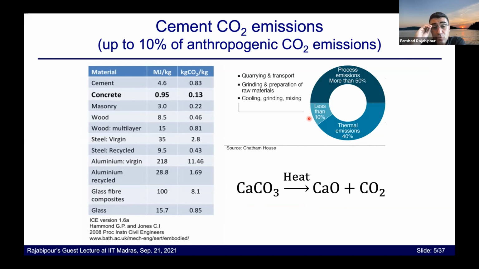So even if we use, for example, very energy efficient kilns that rely on renewable fuels, we are tackling only this part of the pie and we are not touching the 50%. So broader approaches need to be taken other than just making better kilns or modernizing cement plants.